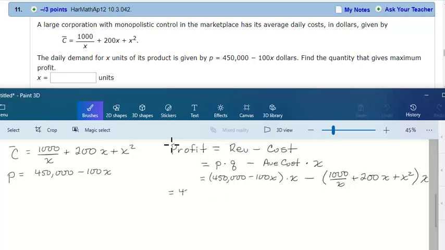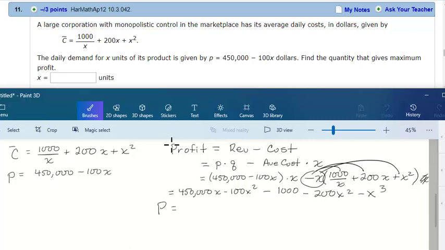That will be 450,000x minus 100x squared minus, I'm going to take this x and put it in front so I can take the negative and the x together and distribute it through, minus 1,000, the x's will cancel, minus 200x squared minus x cubed.